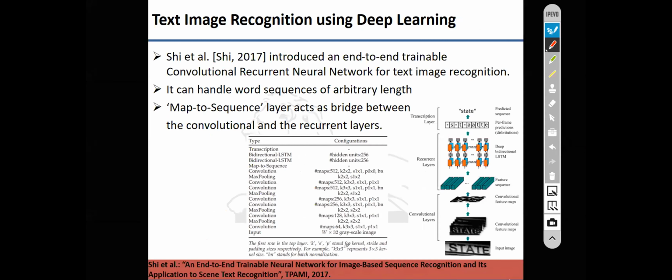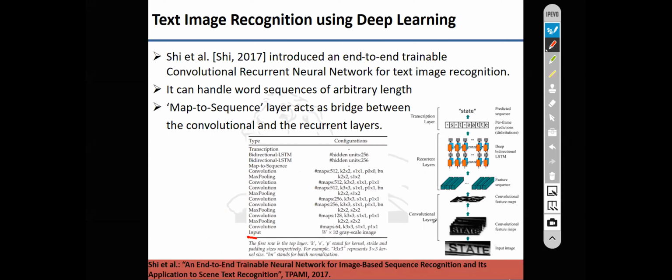In 2017, we had this work on an end-to-end trainable neural network for image-based sequence recognition and its application to scene text recognition. What they were doing: you have an image, any image, like the statement that I said, and it is the input.